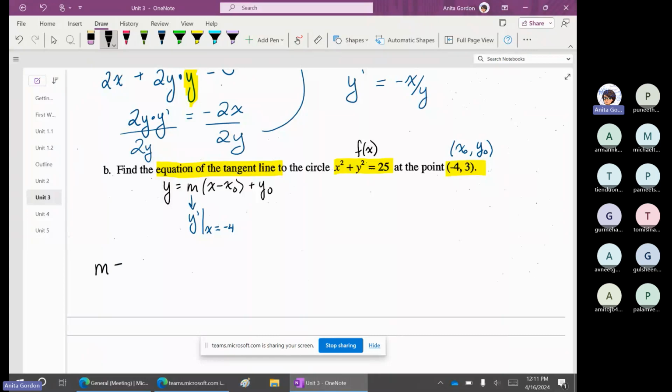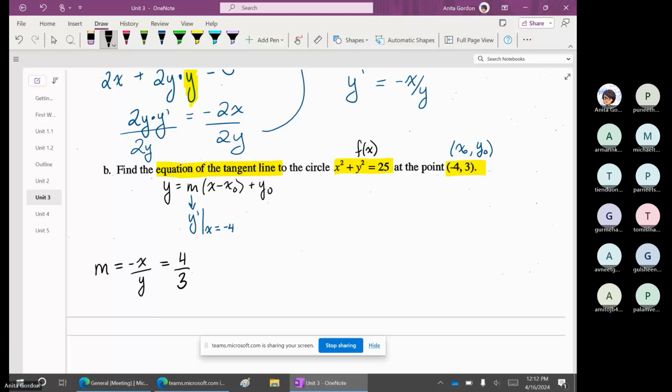If m equals negative x over y, and I substitute x is negative 4, hopefully you see that the top is now positive 4. What is the bottom? How do you know it's 3? That's the y value. But how do you know it's the y value? On the function.